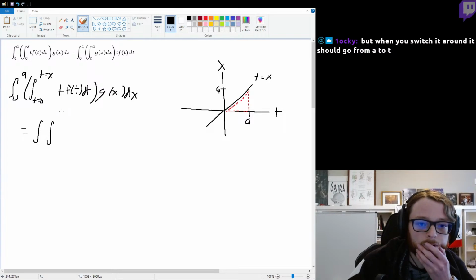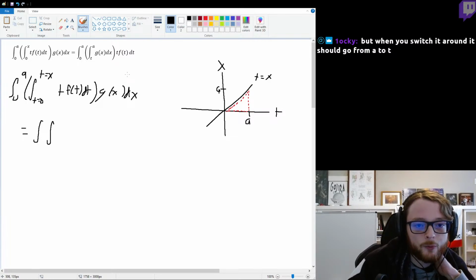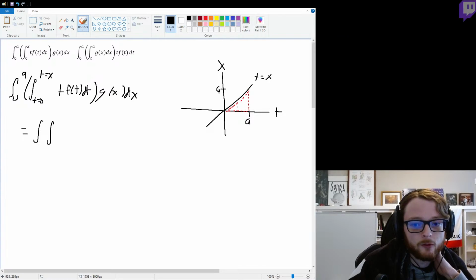So, okay, no, I think this is what we want here. The reason that, okay, so we are integrating over this lower right red triangle here. And since we're doing our x's first, our x goes from this line, t equals x, out to a.